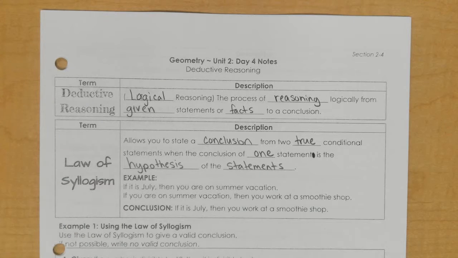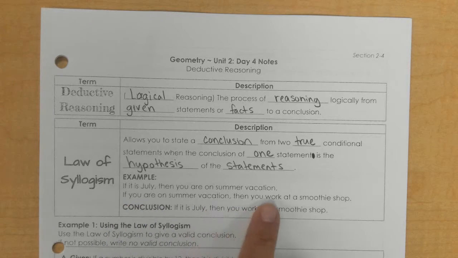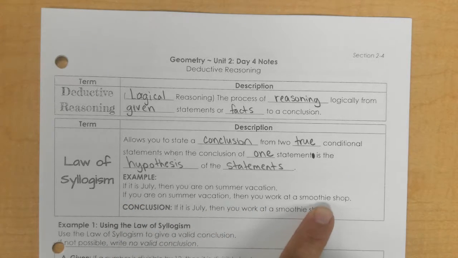Okay, so let's just look at an example. First it says, if it is July, then you are on summer vacation. If you are on summer vacation, then you work at a smoothie shop.